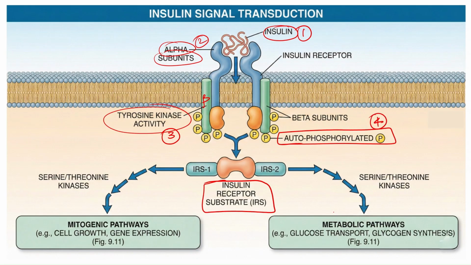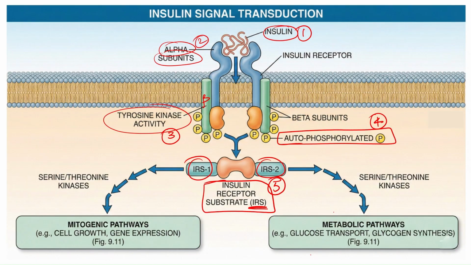This autophosphorylation will phosphorylate the molecules called insulin receptor substrate, or IRS for short. The chemical messenger is then transmitted to a series of serine or threonine kinases, specifically IRS1 and IRS2, which ultimately drive the cell's responses.